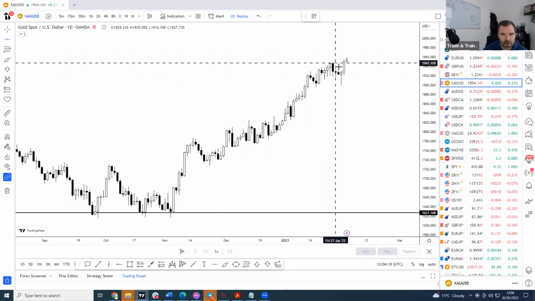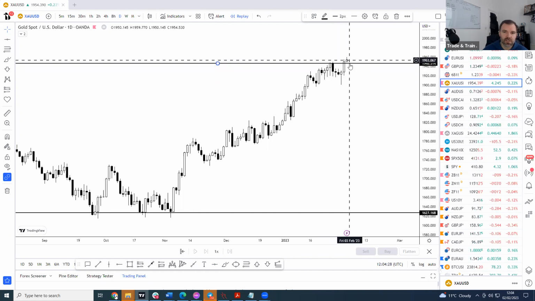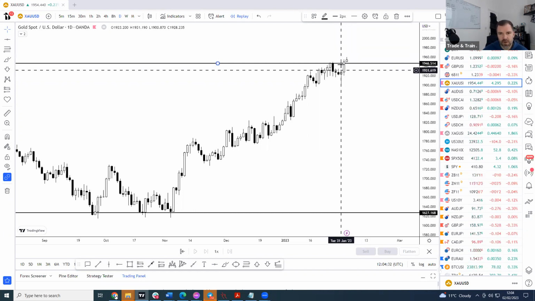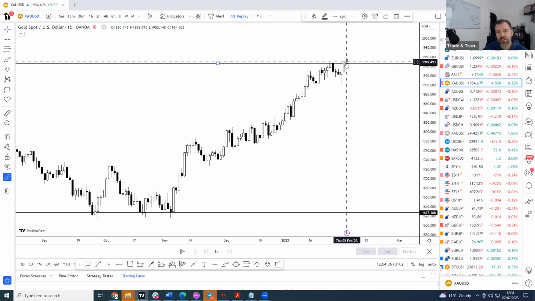So if we look, that was previous resistance that had come in. Then through the Fed yesterday, we saw a spike above that area. Now, don't be alarmed when price goes above and just think, right, okay, we're going to continue, because there's a lot of times where markets, especially through news announcements, will penetrate key areas to not just get new buyers, but it's effectively creating liquidity for maybe other sellers.